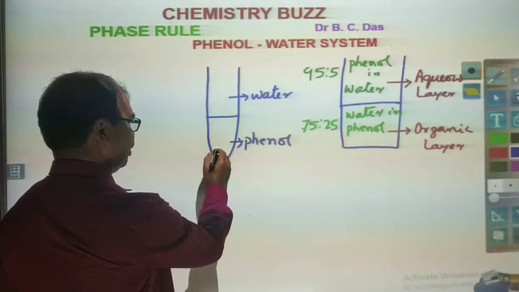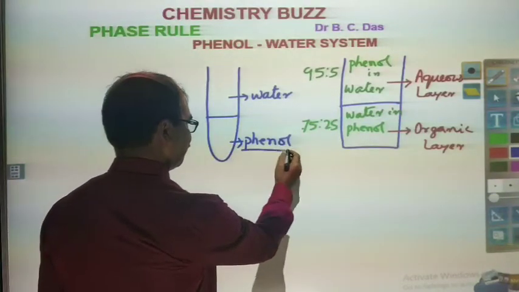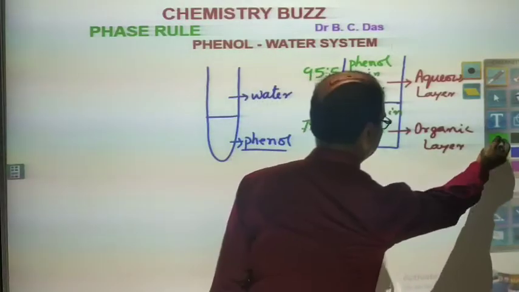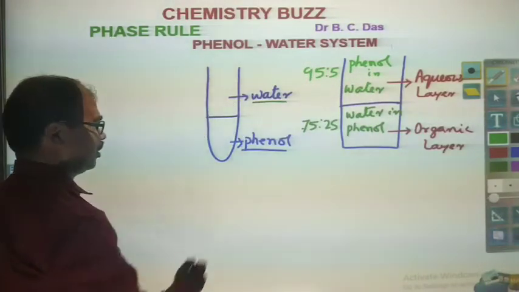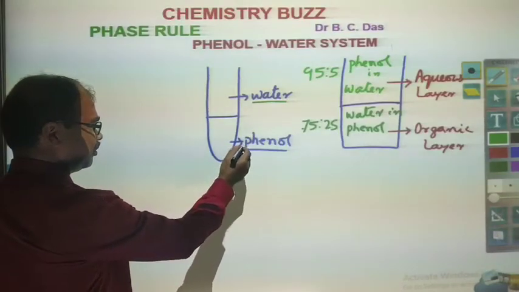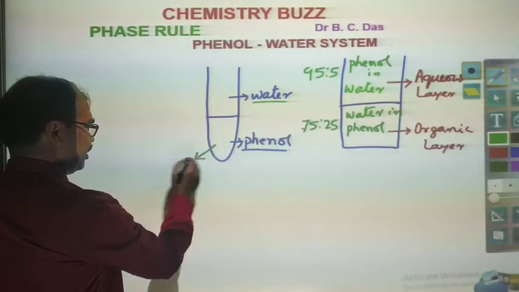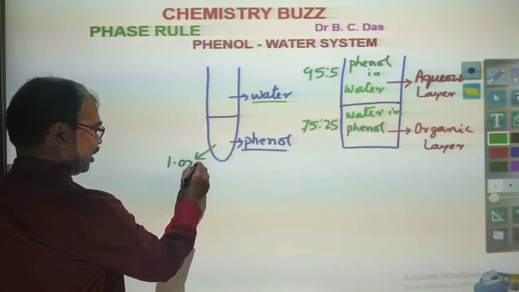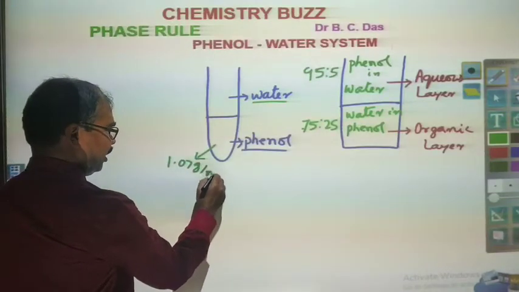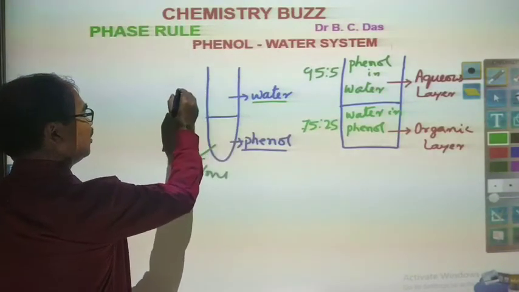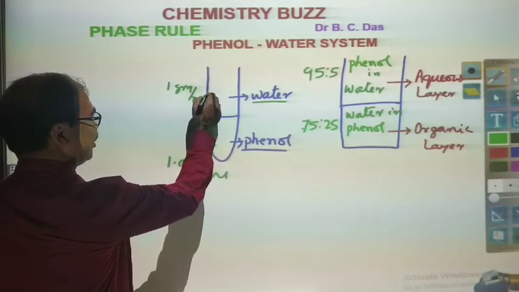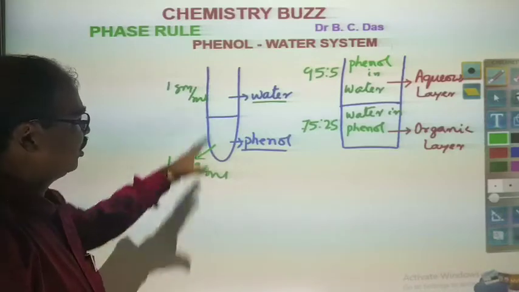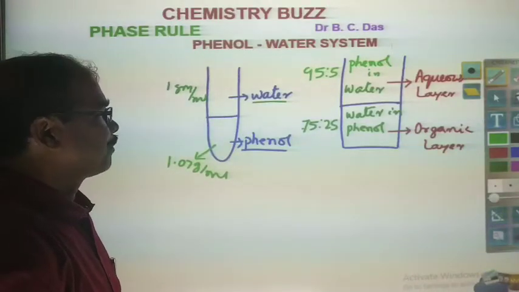The bottom layer will be the phenolic layer and the upper layer, that is the water layer. So the density of phenol is somewhat 1.07 gram per milliliter, and the water, as you know, is 1 gram per ml. So water is lighter, so it occupies the upper layer.